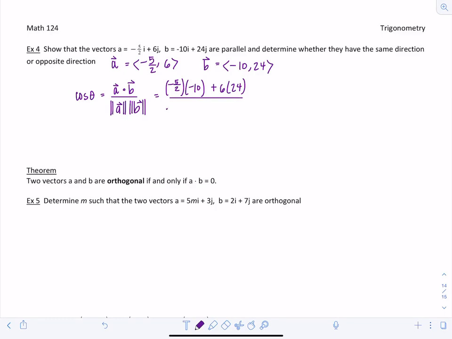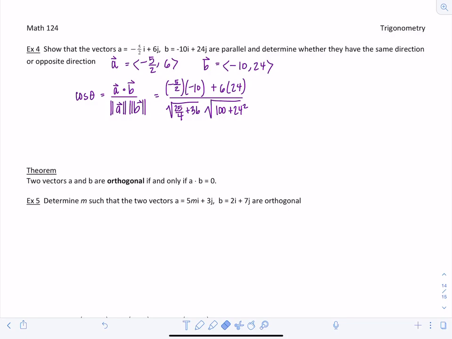divided by the square root of, if I square 5/2, that's 25 over 4 plus 36. And then magnitude of B is going to be square root of 100 plus 24 squared, whatever that is.